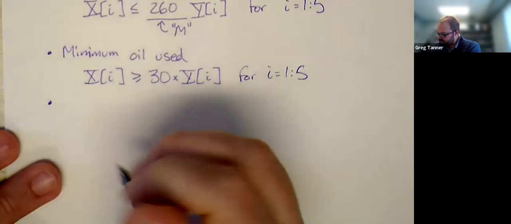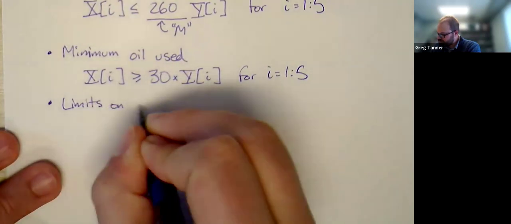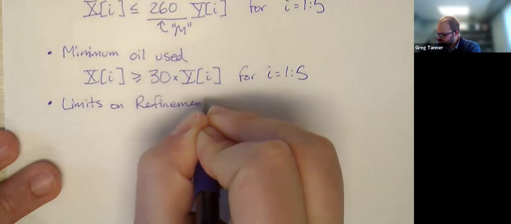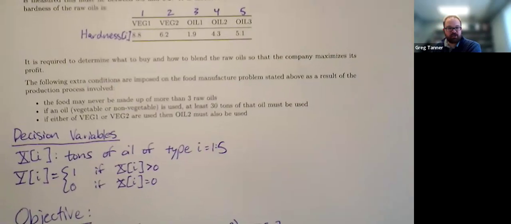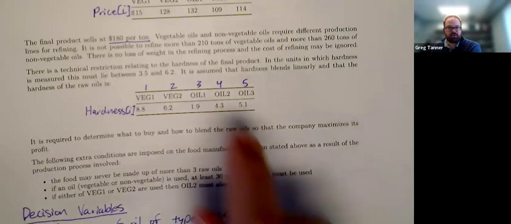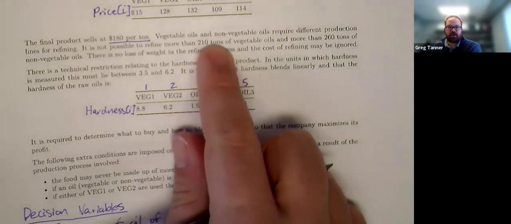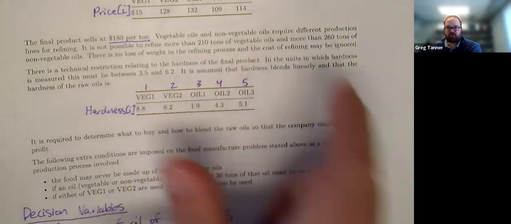We have some limits on refinement. That's what I was mentioning a little bit earlier, in that we can only refine 210 tons of vegetable oil and no more than 260 tons of non-vegetable oil.